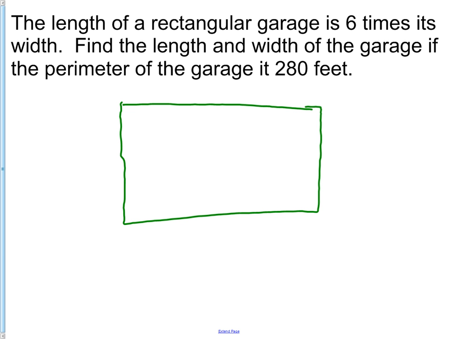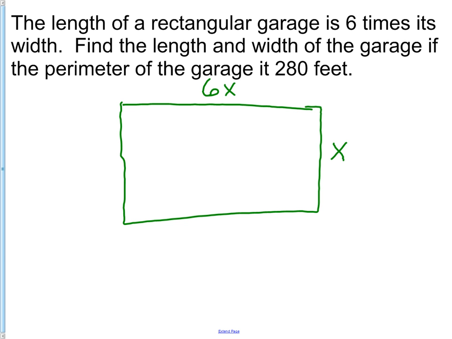So we know absolutely nothing about the width. So there I will put an X by the width. We do know something about the length. It tells us that the length is 6 times the width. So if the width is X, the length will be 6x.